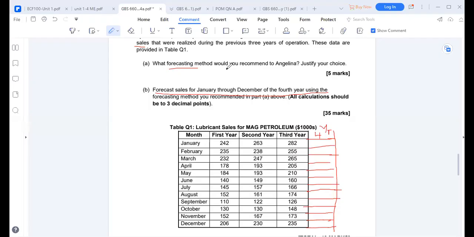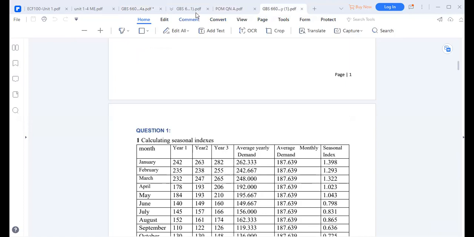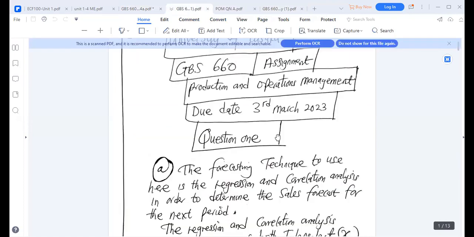Okay, so we are now to check on this document. So now the forecasting technique. The first question says, what forecasting technique can we use here?